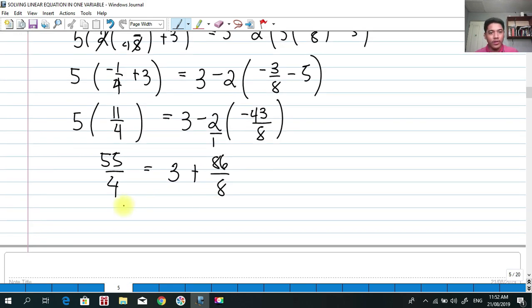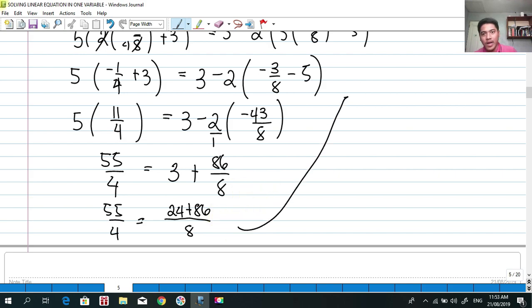Okay, and what we are going to do is simplify this. 55 over 4. 8 times 3 is 24 plus 86. Copy the same denominator. So 55 over 4 is equal to 24 plus 86 is 110 over 8.